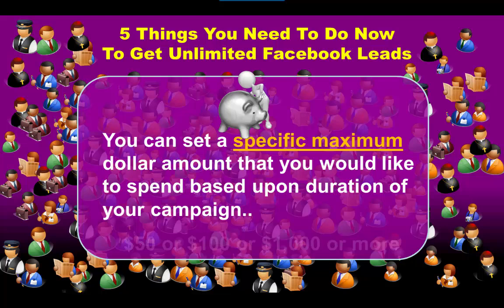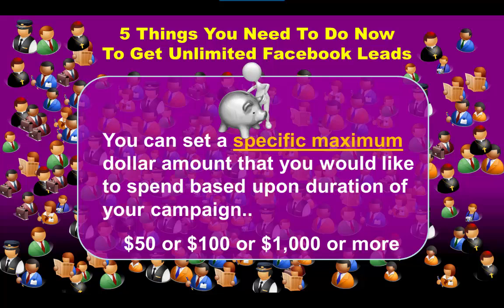And what I mean by this, let's say that you tell Facebook, I don't want to spend but $50 maximum. Or I don't want to spend more than $100 or more than $1,000. And you just let that campaign run until that amount is spent. Well, when you tell Facebook how much, they won't spend a dollar more. So you can set up campaigns based upon a specific amount of money that you want to spend.